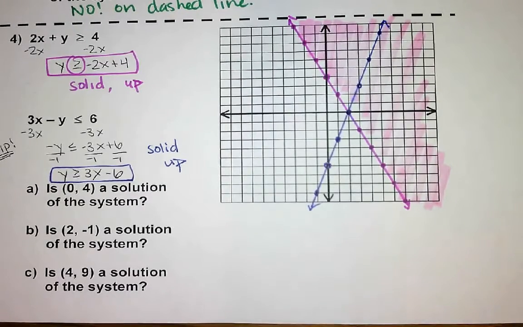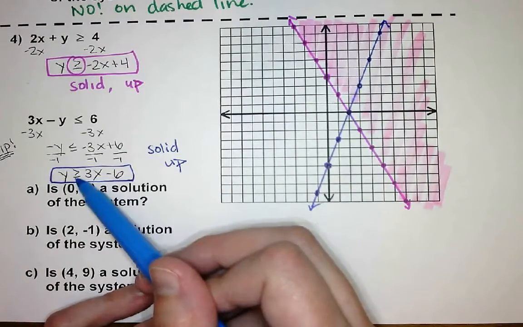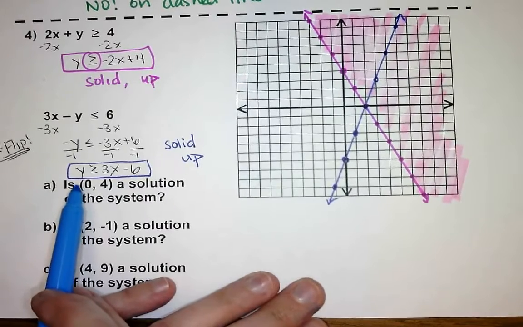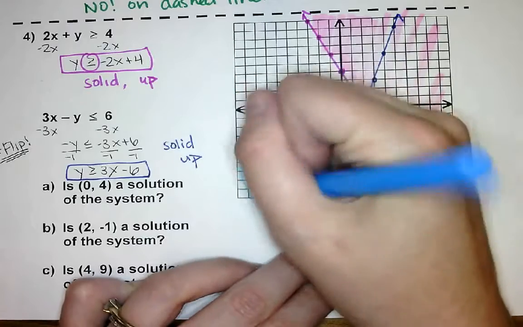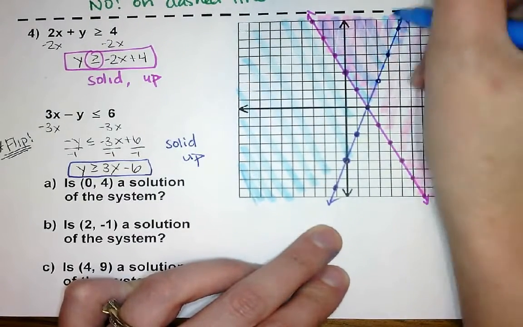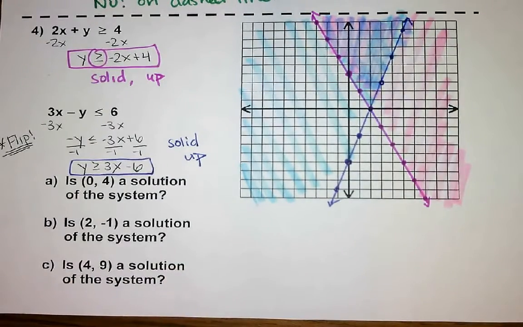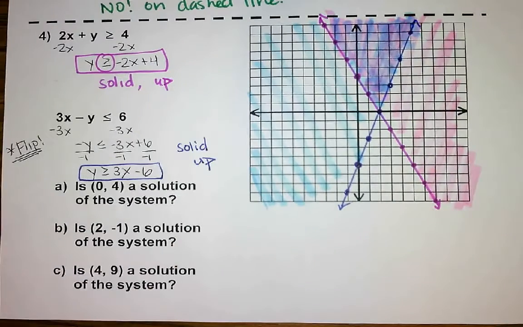And then this one, we ended up flipping our inequality sign because we divided by a negative. So it was y is greater than 3x minus 6. We also had to shade up and above it. And so this guy right here is where we have that lovely one. So that would be our double shaded region.